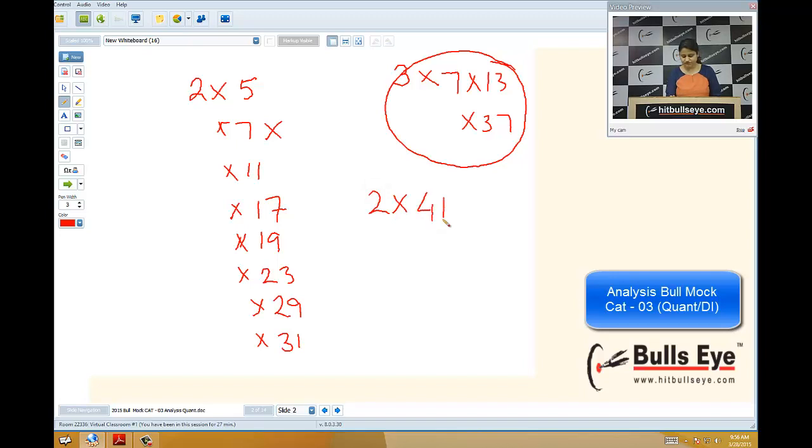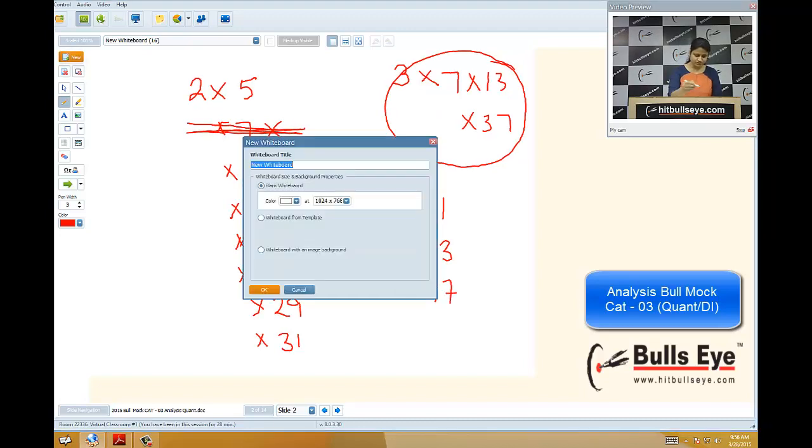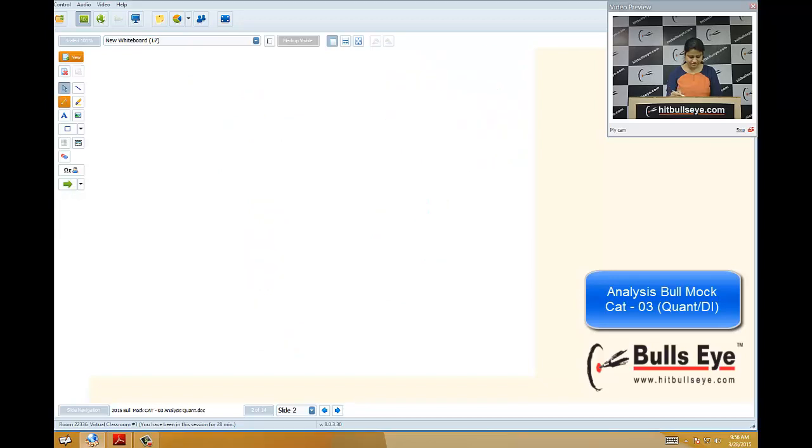We can take 41. We can take 43. We can take 47. So with 2, these many cases are possible, and they are 11 in this case. I'm not considering this. That's why we are left with 10 cases. With 2, there are 10 cases possible.